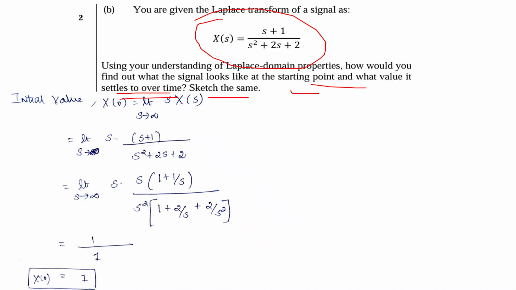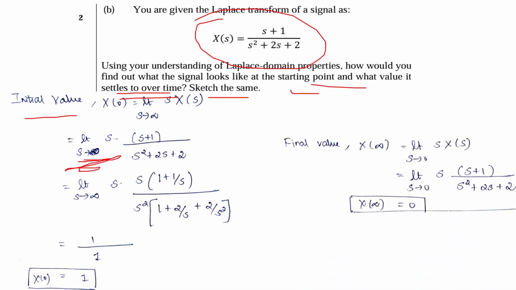First of all, remember that while trying to find the initial value, s tends to infinity, right? So just reverse. For the initial value, use s tends to infinity, and for the final value, use s tends to 0. Right? Remember these two things. And then how will you make it independent of s? Using the same equations, first write like this, and divide it such that 1 by s will come, so that 1 by infinity will be 0.